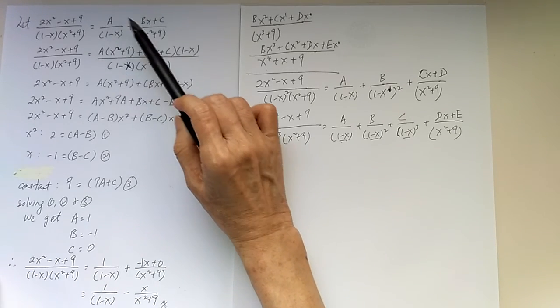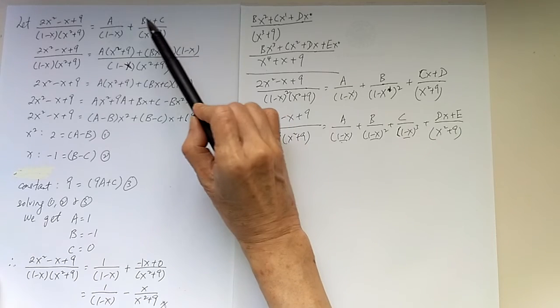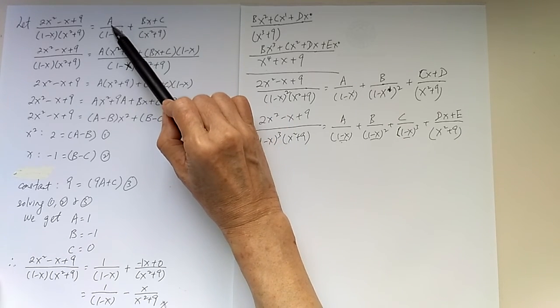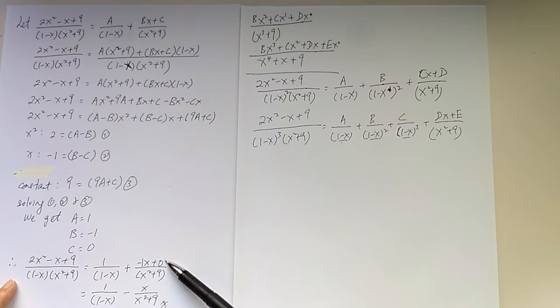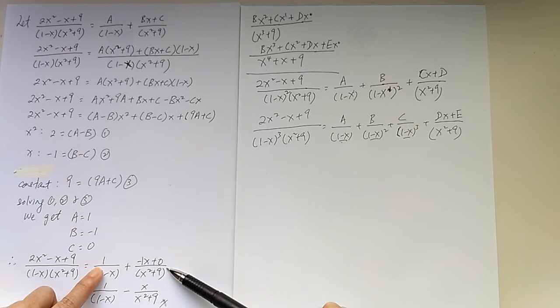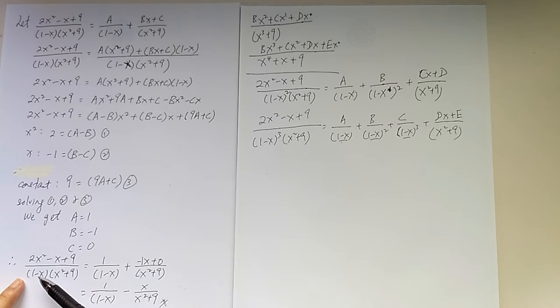So we have found our A, B, and C. C is 0, B is minus 1, A is 1. So this is how we get our expression for the right hand side. Therefore the left hand side, this complicated fraction, we can actually break down into two simplest fractions. So that is the answer.